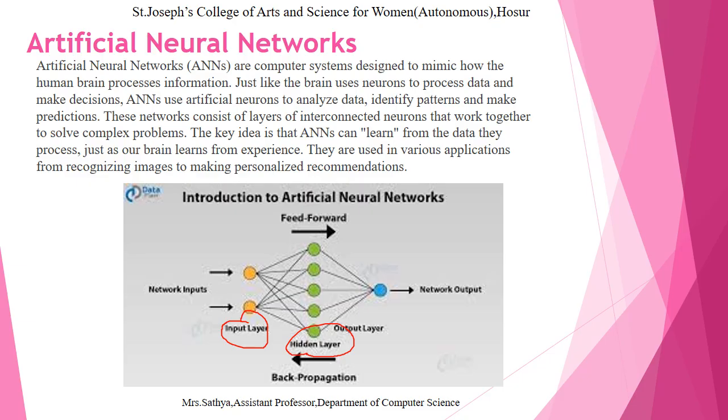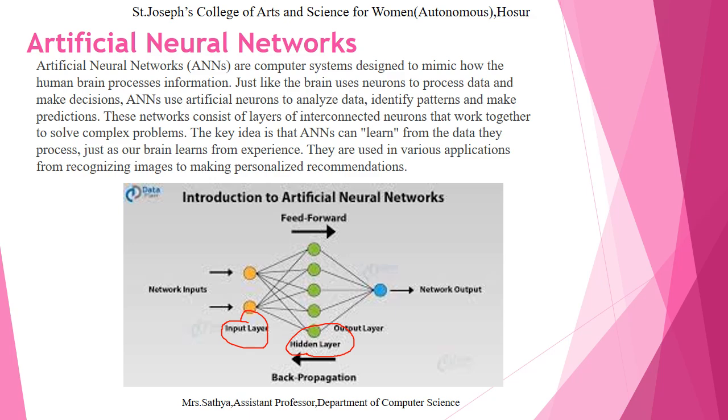This is the structure of the artificial neural network. Here we have an input layer, then hidden layers, and then the output layer.